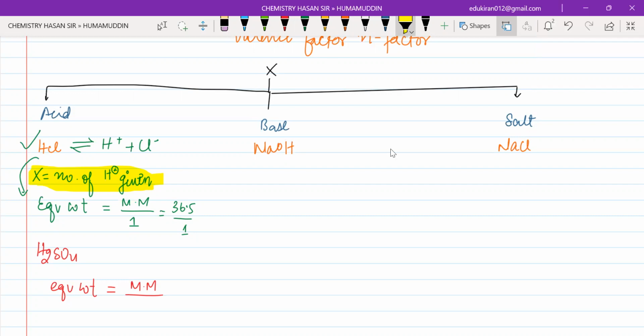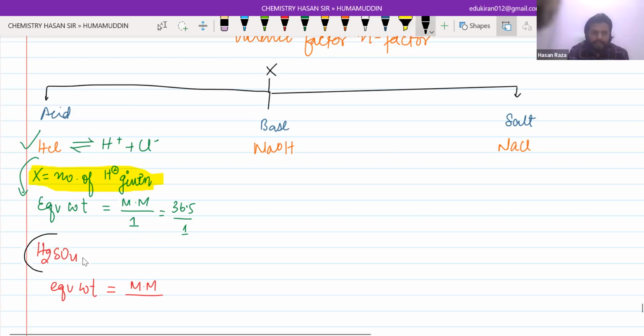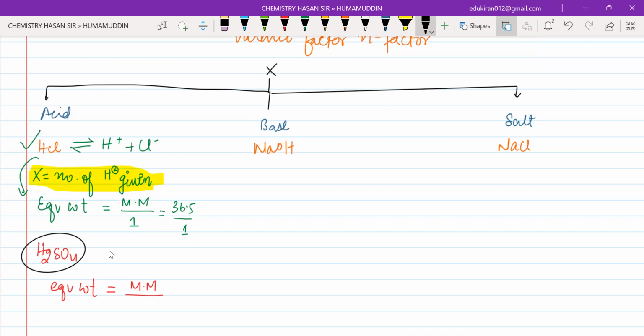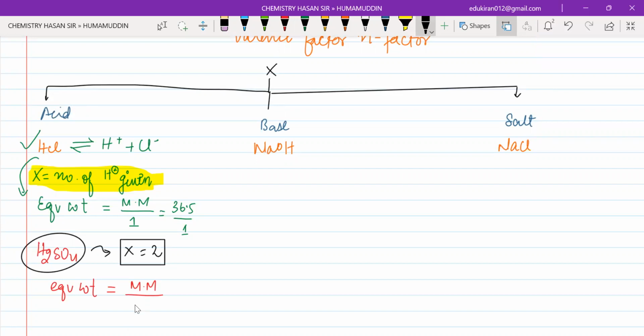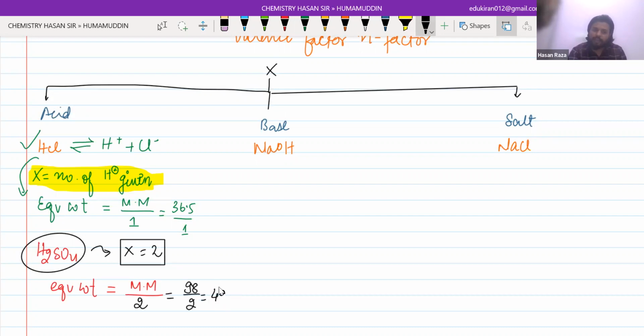Now, how many H plus ions will be given by H2SO4? 2 H plus. So the value of X, or N factor or valence factor, for H2SO4 will be equal to 2. So it will be molar mass by 2, so 98 by 2, that means 49 is the equivalent weight of H2SO4. Are you getting my point?